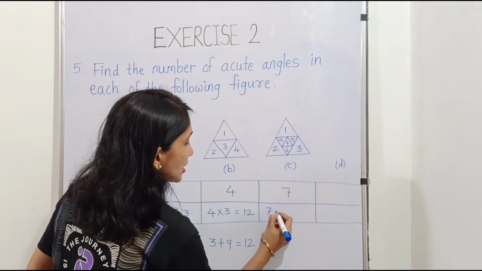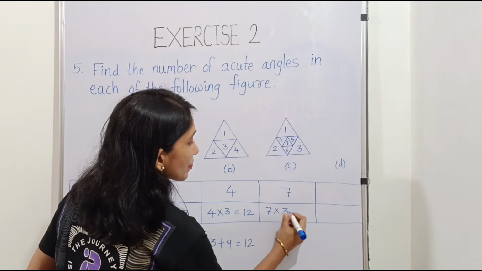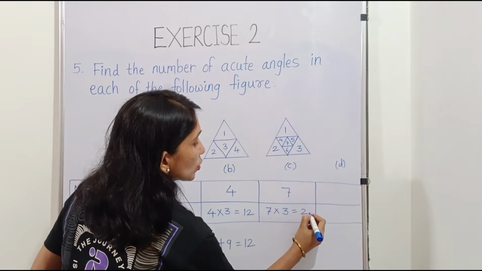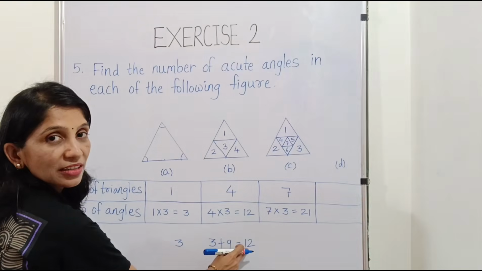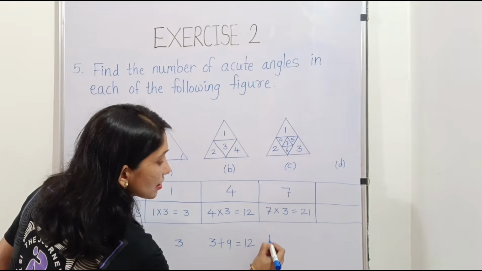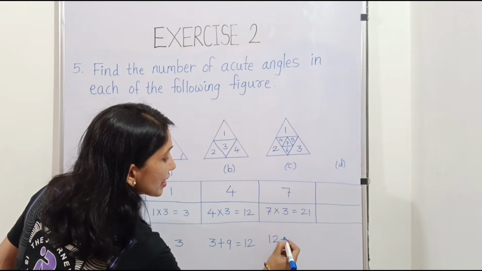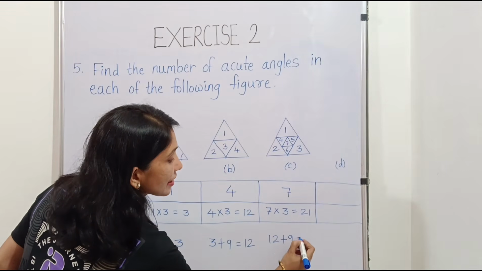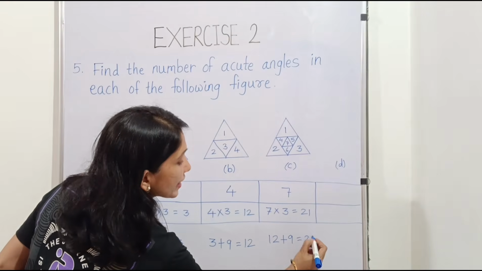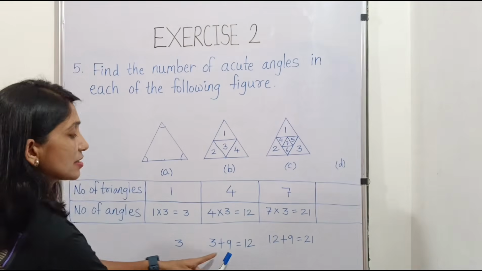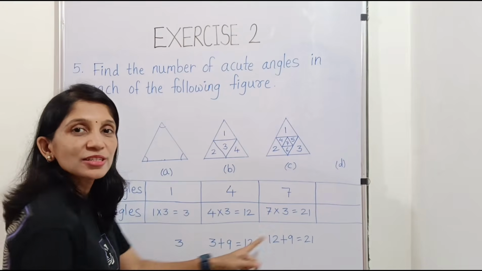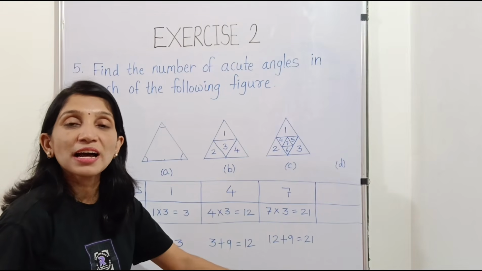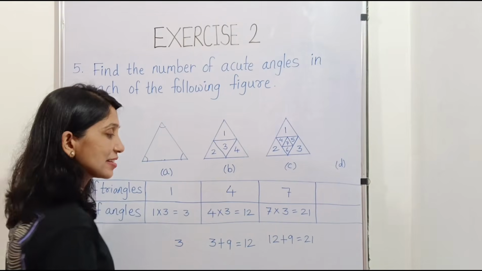So 7 into 3. 7 threes are 21. Let's see. First we are having 12 angles here. 12 plus 9 equals 21. That means here 9 angles added, here also 9 angles added. So in the next one also we'll have to add 9 angles.